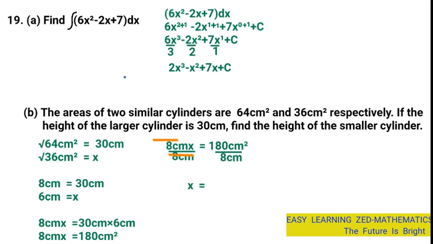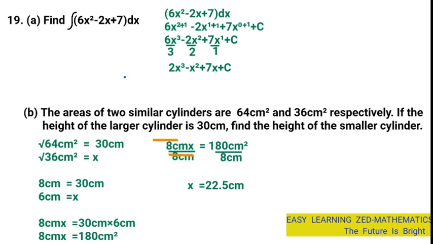Let's start with the numbers first. 180 divided by 8 will give us 22.5. Then centimeter squared divided by centimeter will give us centimeter. So the height of the smaller cylinder is 22.5 centimeter.